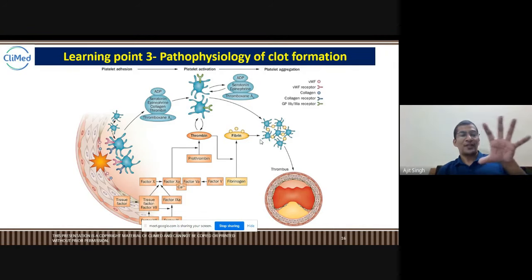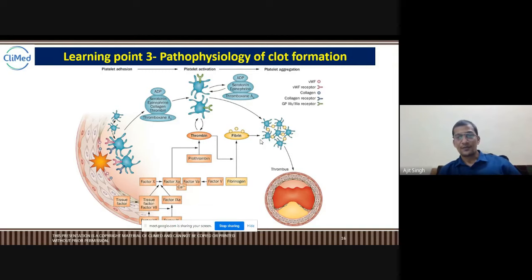Now fibrin will go there and make a mesh around the platelets, and it will tighten that bond. It will make a full-fledged clot that will catch other particles from the blood, not only blood components but other foreign particles also, and it will make that clot strong.